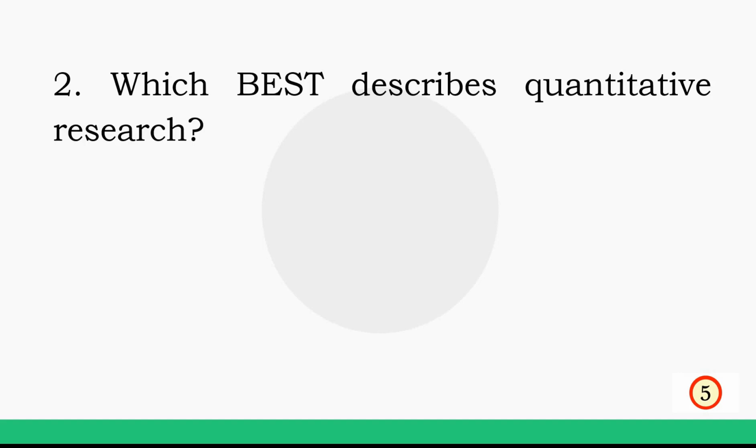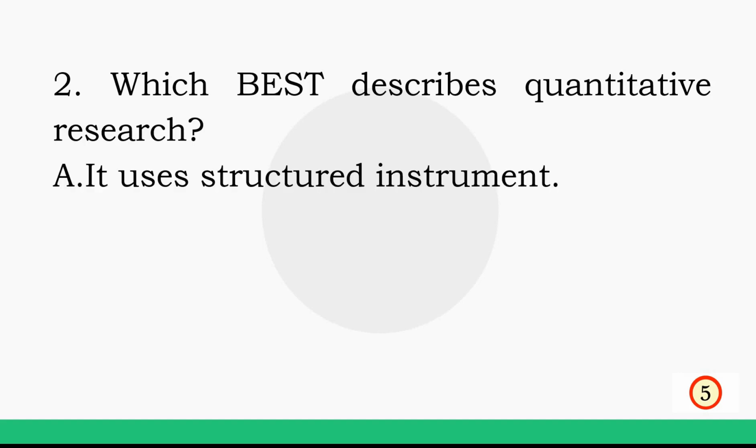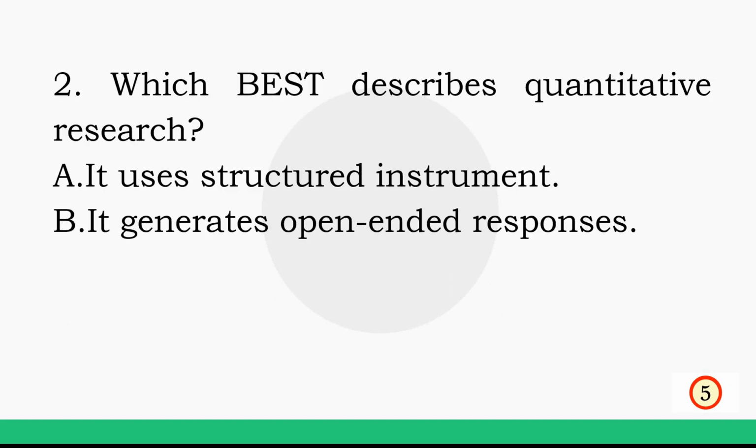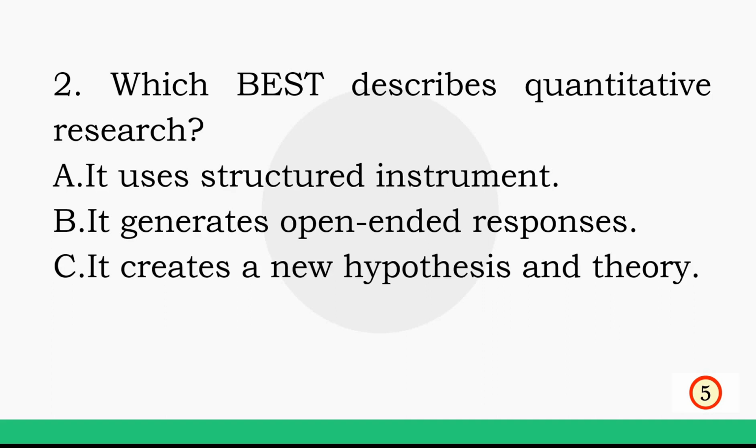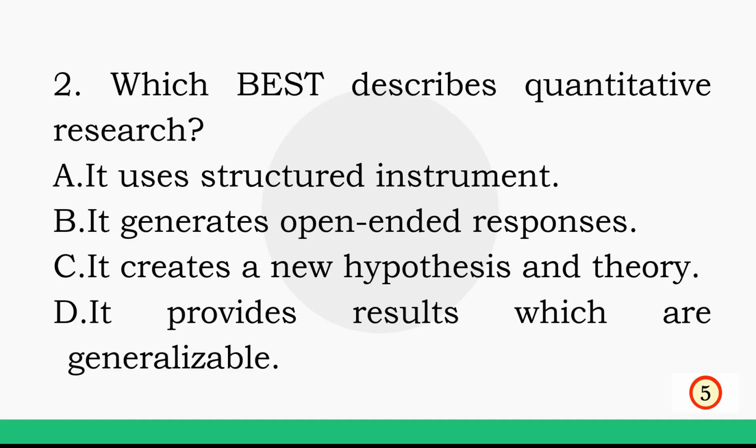Let's move to number 2. Which best describes quantitative research? A. It uses structured instruments. B. It generates open-ended responses. C. It creates a new hypothesis and theory. Or D. It provides results which are generalizable. Begin. And the correct answer is A. Number 3.